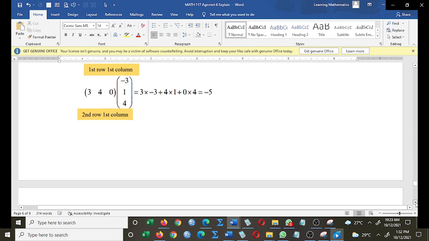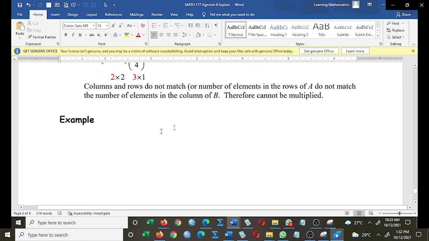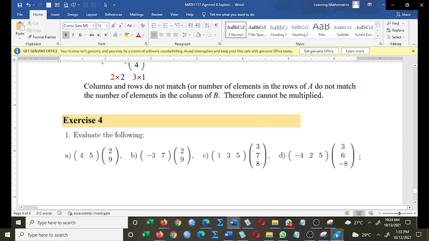I don't ignore the notes example, but I'm giving you our example. So you have this exercise 4 here. You have an example.